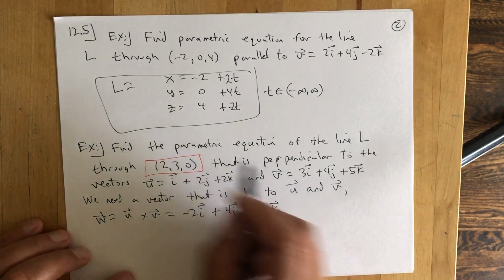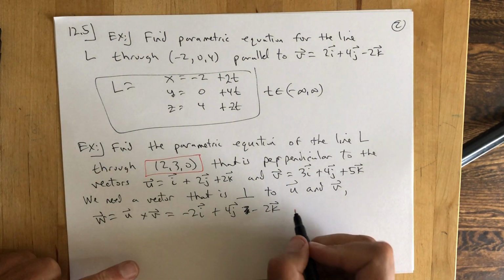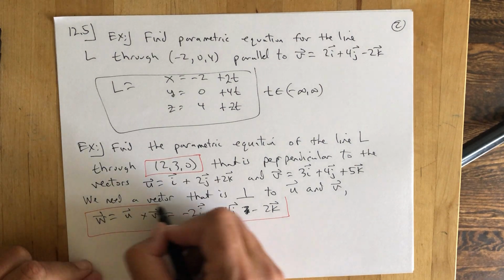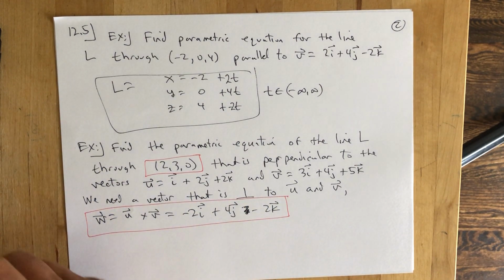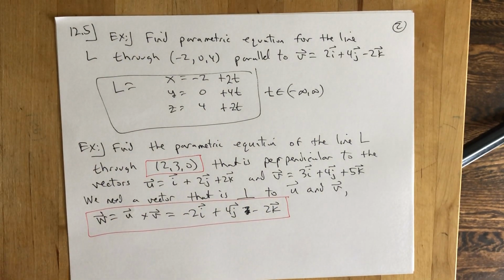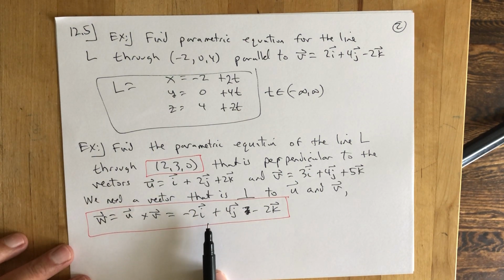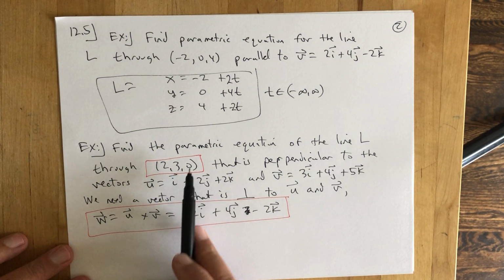So now we have the vector that we want, right? So for the definition of a line in three-space, you need a point and a vector that's parallel to the line you're looking for through the point.